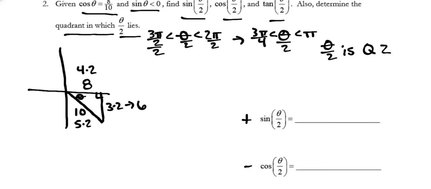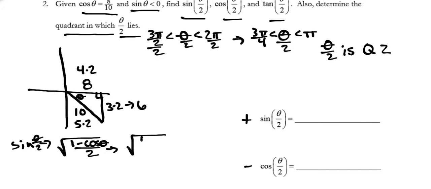All right? So we go ahead, we find sine of theta over 2. That's going to be the positive square root of 1 minus the cosine of theta divided by 2, which would be 1 minus the cosine of theta, we were told, 8 over 10, divided by 2.